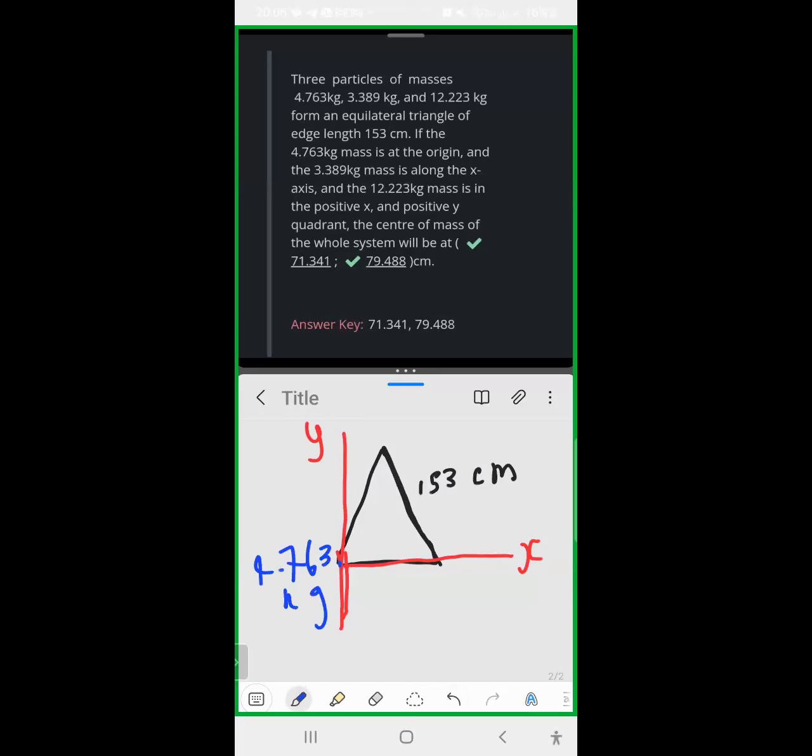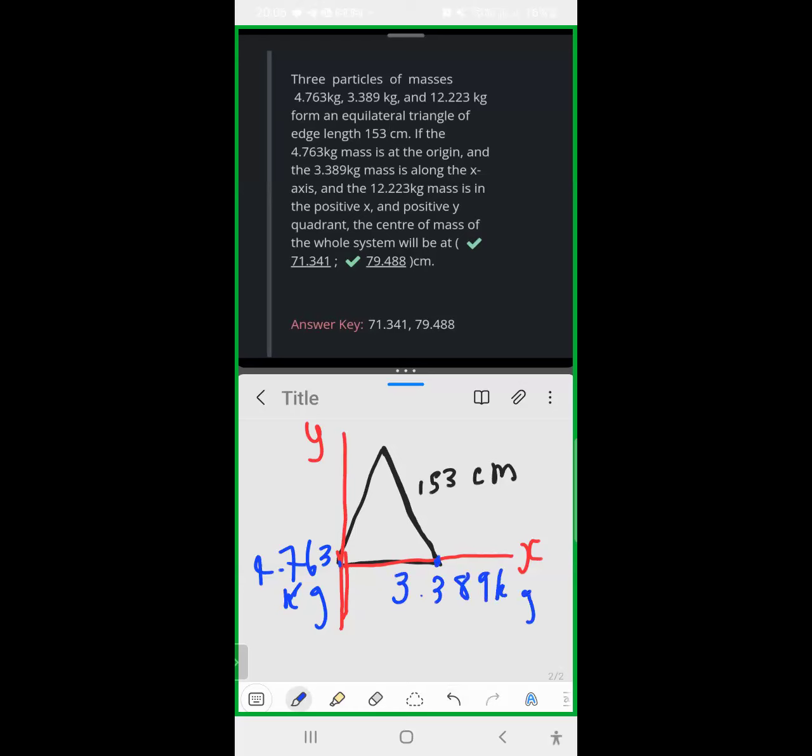And then we are also given that the 3.389 kg mass is along the x-axis. That means it's going to be positioned here. This is 3.389 kg.